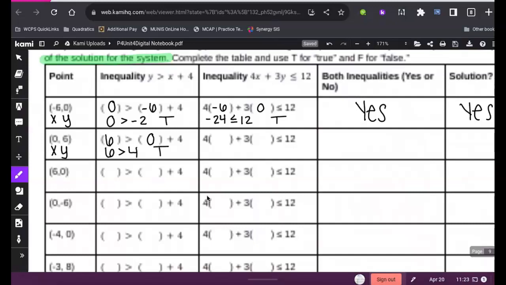And then we have 0 and 6 that we have to substitute into our second inequality. 4 times 0 is 0. 3 times 6 is 18. 18 is not less than 12, so this one is actually false. No, it does not satisfy both inequalities, so no, it is not a solution.